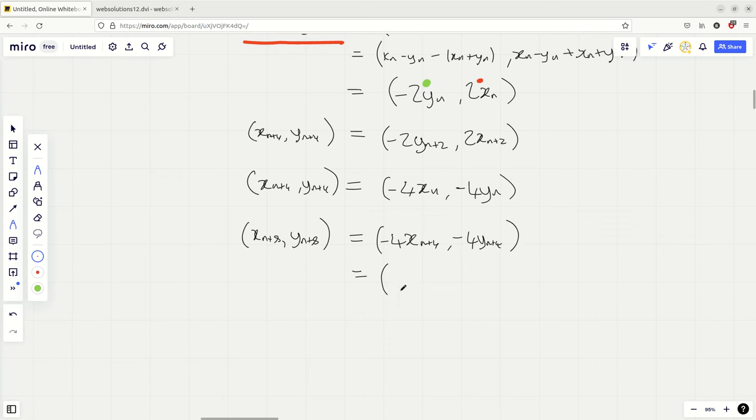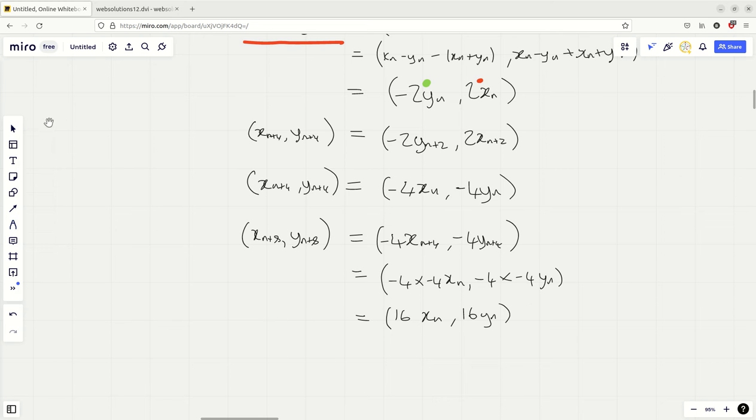And we can relate this back to xn and yn, which is what I'm really trying to do, because x_{n+4} I already know is minus 4xn, so I get minus 4 times minus 4xn, and here I get minus 4 times minus 4yn. And so I'm going to get 16xn, 16yn. Yeah, so this is a way we can relate 8 steps forward in the program.